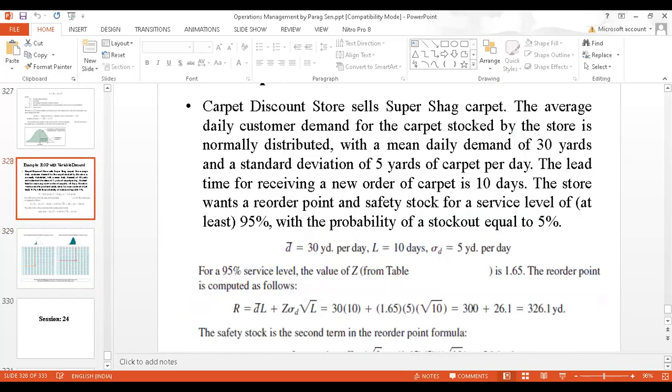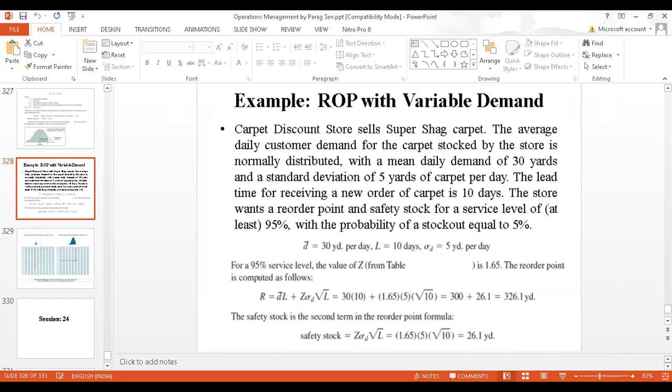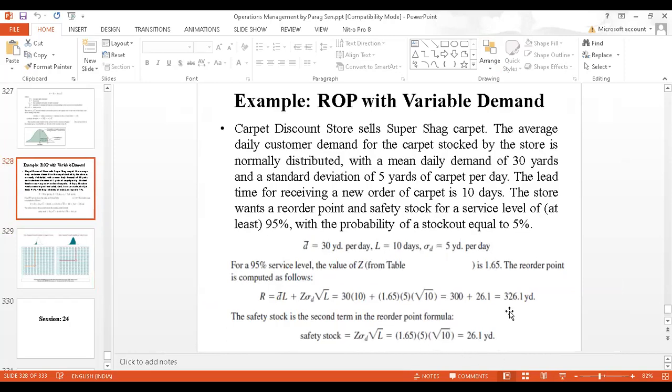If you put Z value 0 here, the safety stock will be 0. So what does it mean? It means if you desire a service level of only 50%, then there is no need of safety stock, and in that case you will also have a 50% risk factor.